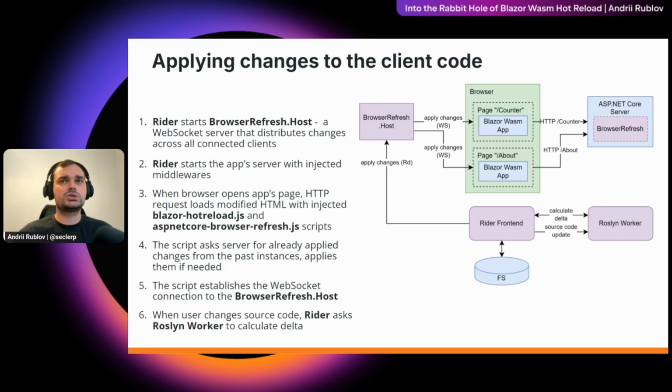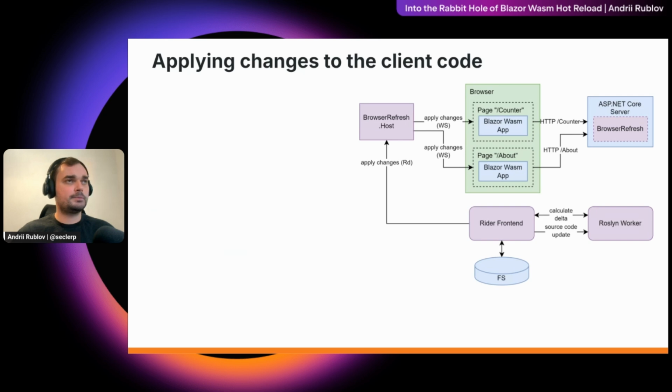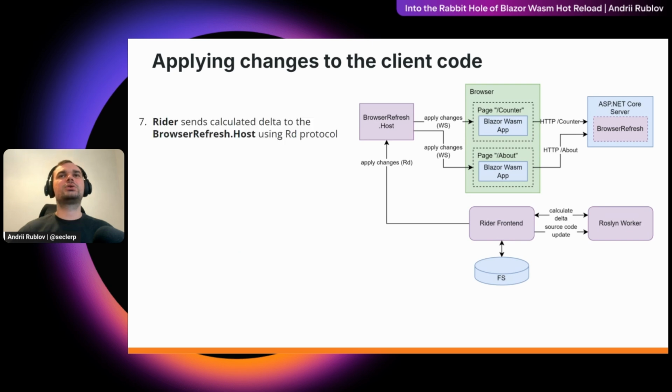And when the user changes source code, Rider asks the Roslyn worker to calculate data. Yeah, so brace yourselves. There's more. Rider sends calculated data to the browser refresh host using the RD protocol.